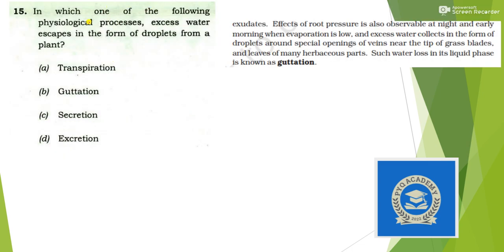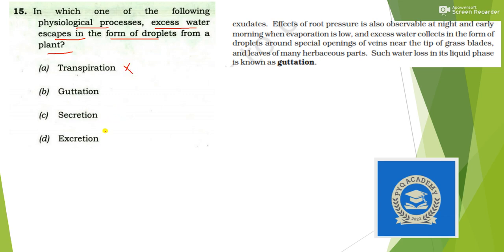In which one of the following physiological processes does excess water escape in the form of droplets from a plant? Let's move to our options. The first option says transpiration, but in transpiration the water is released in the form of vapor, not in the form of droplets. Evaporation occurs, so this is wrong.